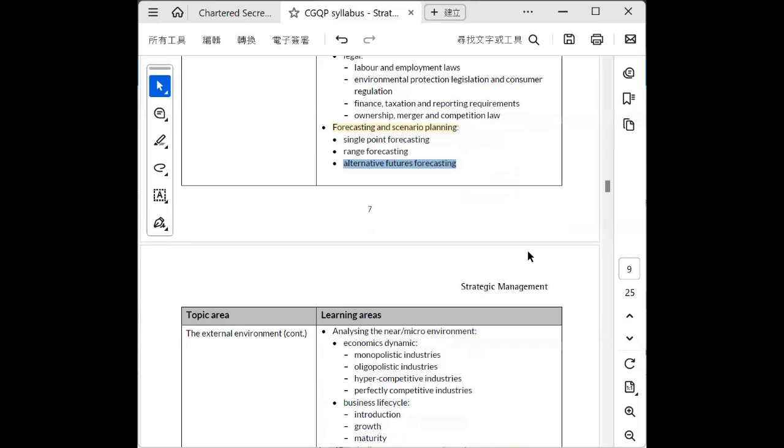So, optimistic futures assume favorable conditions. So there is growth, there are innovations, and some positive societal effect. So this future forecasting involves imagining distinct possible futures that guide our long-term strategies.